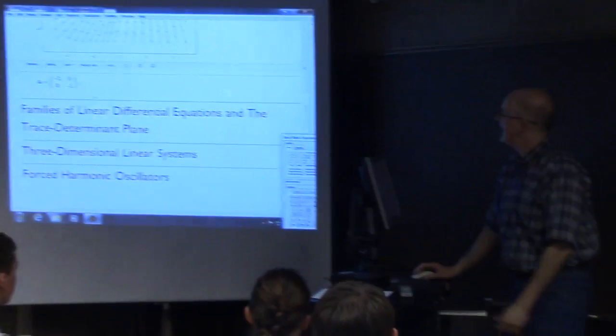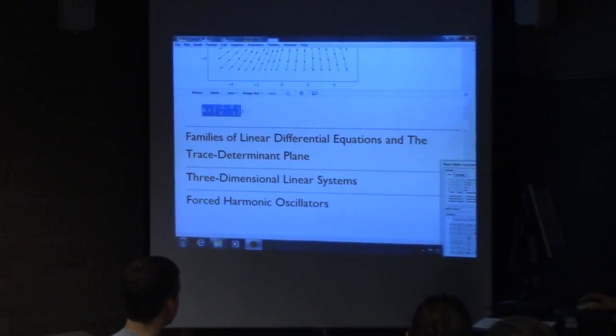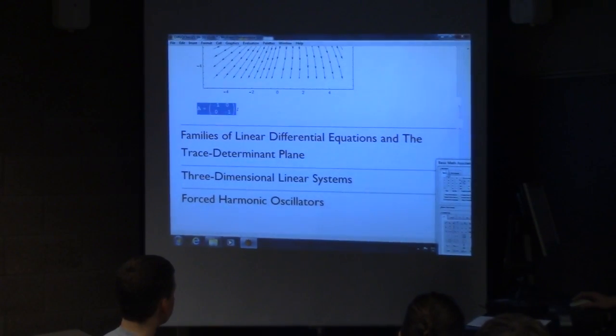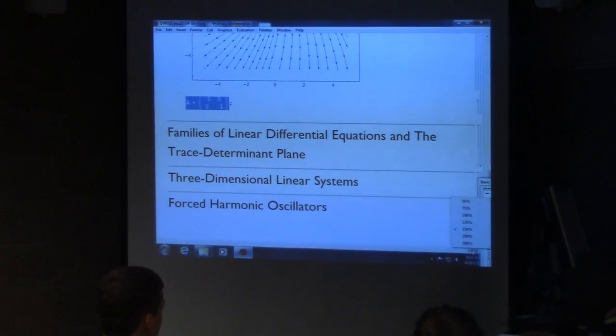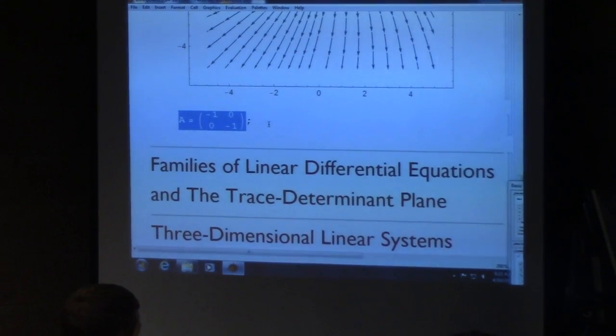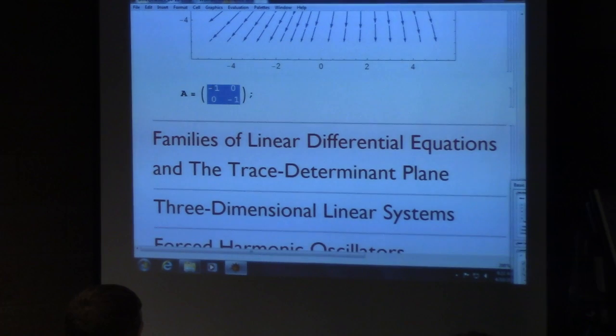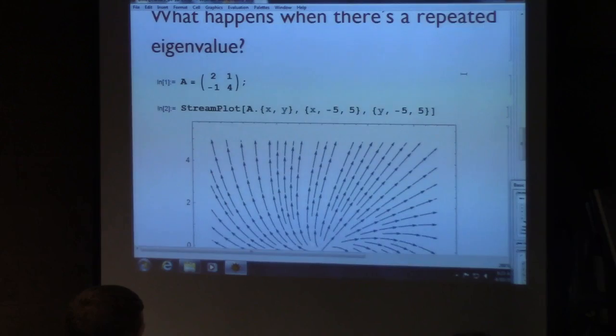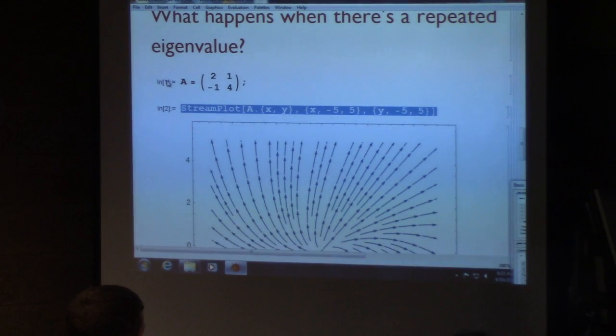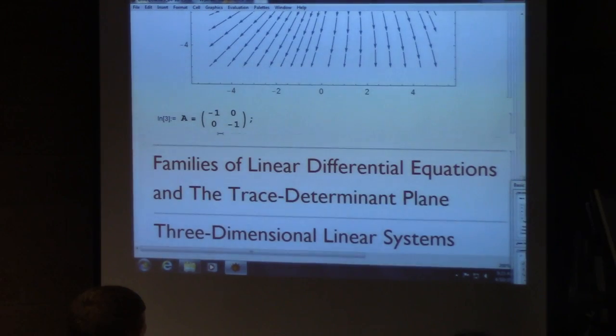However, there are special cases, diagonal matrices in particular, where your repeated eigenvalue is the number on the diagonal, if they're equal to each other, which I've made them equal. In that case, every single non-zero vector in the entire plane is an eigenvector. The entire plane consists of straight line solutions.